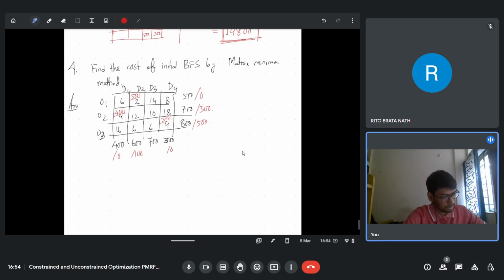So you're left with this portion. There 6 is the minimum one. In that case, in the left one, you can allocate the minimum of 100 and 500. So 100 goes here. So this becomes 0. You can delete that column as well.